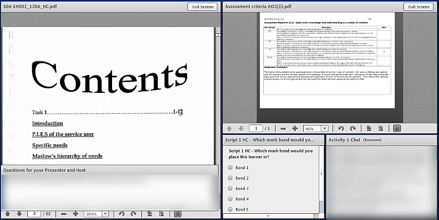Other elements of application that she had done was she'd applied her knowledge quite well for Maslow's hierarchy, for example, in Task 1, and Task 3 also demonstrated an ability to apply her knowledge well on job roles. However, there were some errors. Her work on referral methods was weak. This is general. You haven't had time to look at all of this, but this is essentially what you will find if you look at the portfolio in more detail. And she got some errors as well.